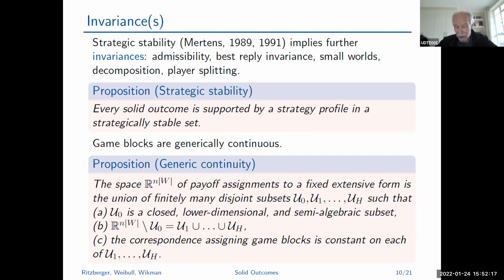So in particular, continuous, right? So that's what I mean by generic continuity. On these generic sets, game blocks are actually constant. Okay. So that tells us that the supporting notion behaves very, very nicely over payoff space.